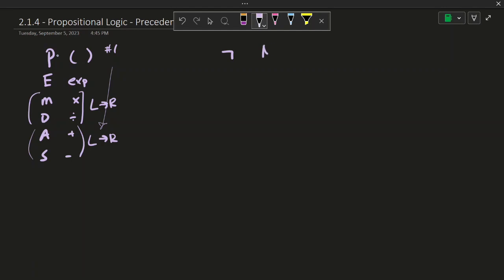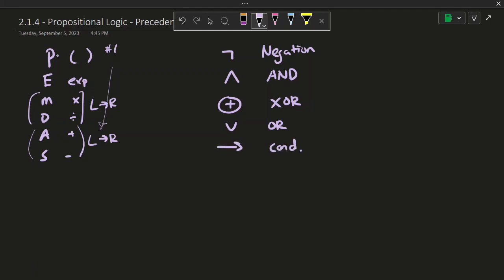So first goes negation, then goes the AND operator, or the conjunction, then the exclusive OR, then OR, inclusively, then implication, so I'll say conditional, and then biconditional.